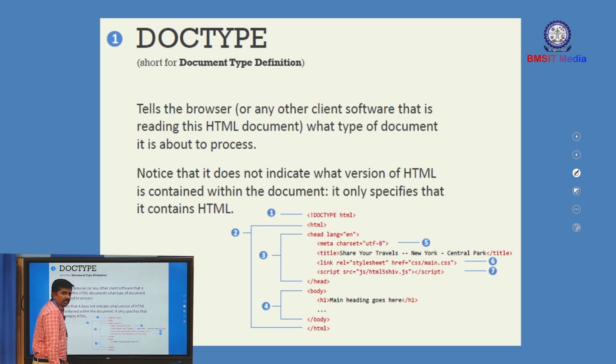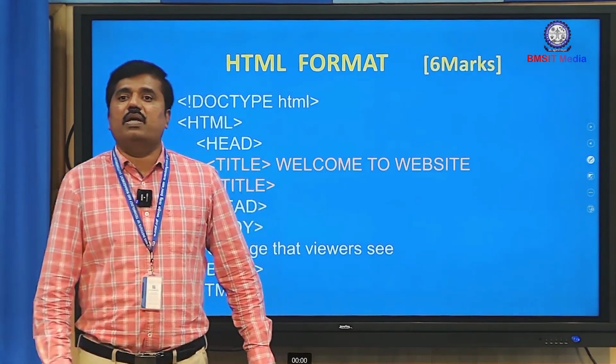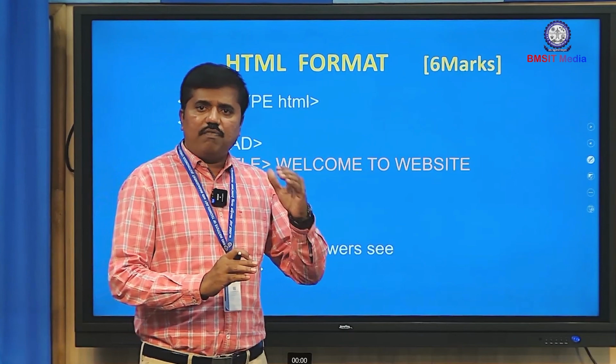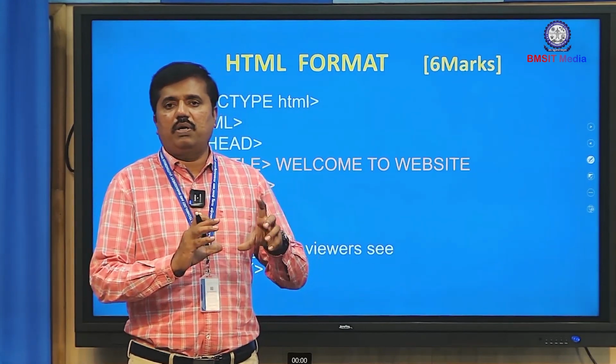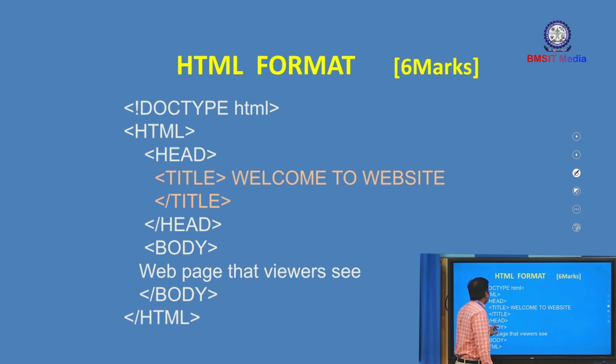Then the tag begins. Let's continue our formatting. This is the major format of HTML, and every HTML program always starts with the tag html. You will observe that it always ends with one more tag with a forward slash.